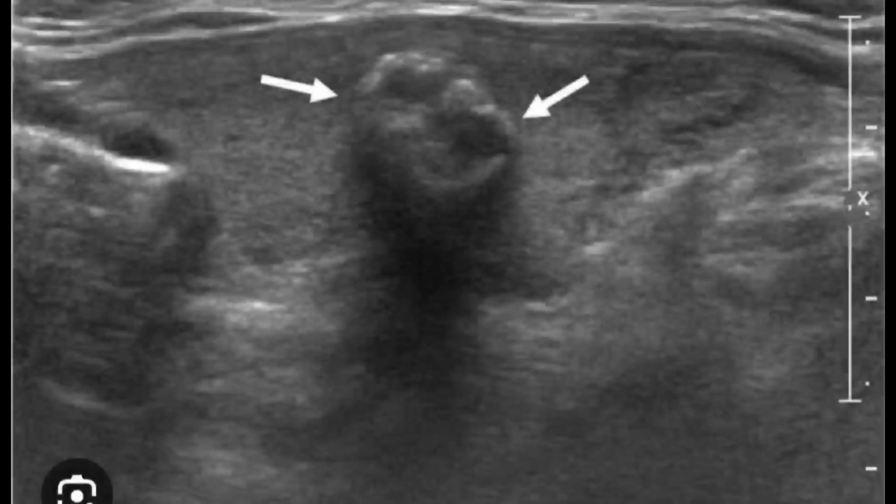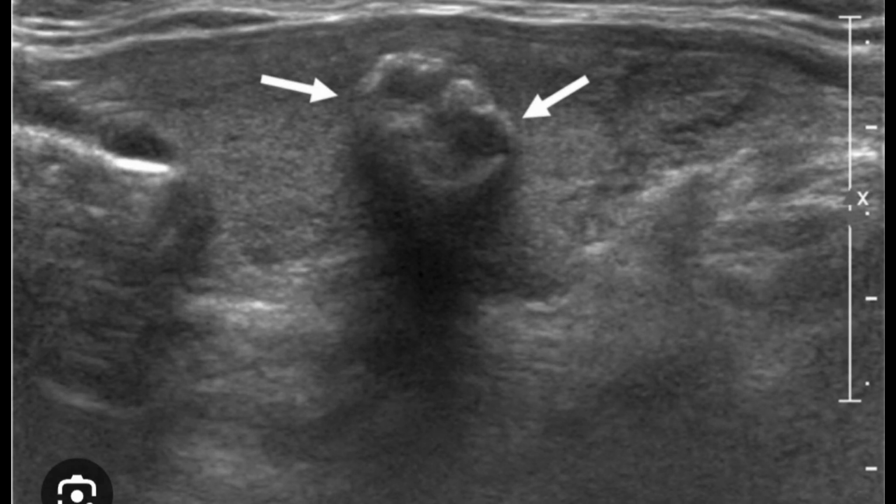The criterion for the U4 suspicious nodule is that the nodule would be hypoechoic and would have disrupted peripheral calcification. Mind you, there is a very important point to be noted: if there is a peripheral eggshell calcification, this will make it a benign nodule and it will be classified as U2.